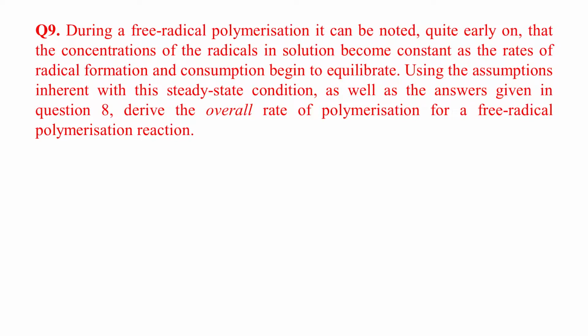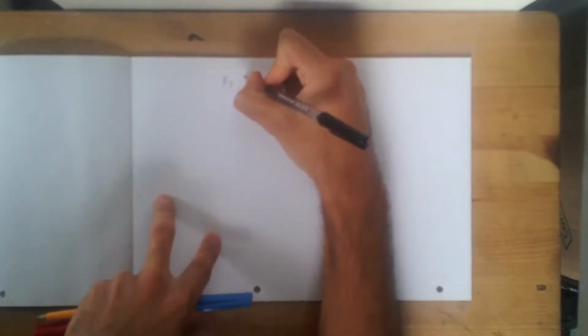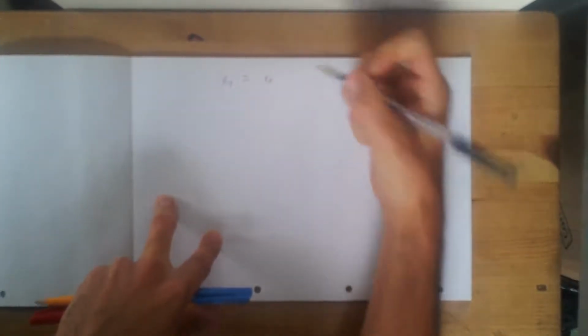For question 9, we're asked to derive the overall rate of polymerization given the information that we have steady-state conditions. So for this question we're making two assumptions. The first is that the rate of polymerization, Rp, is synonymous with Vp.